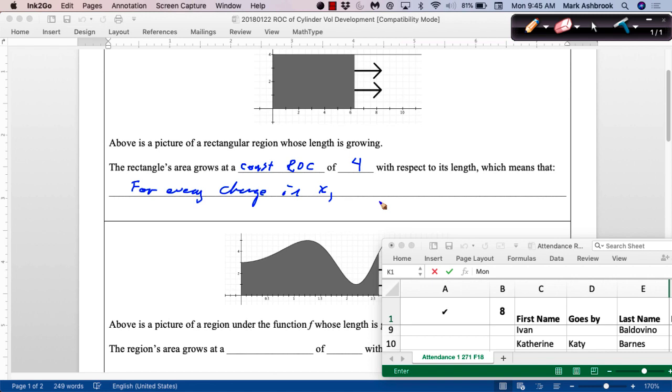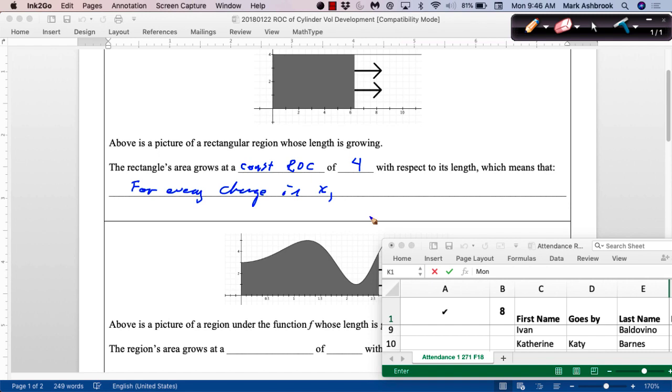Okay. The area increases. For any change in x, the area increases by 4. Agree with that? So whether I change x a little bit or I change x a lot, the area increases by 4. Is that right? What were you going to say? For any change in x, the length increases by 4x.